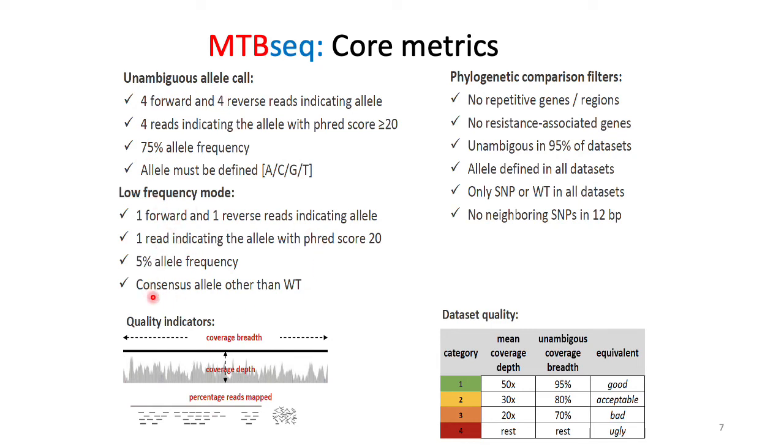In low-frequency detection mode, MTBseq will consider the majority allele other than wild-type per position. This mode should preferably be used for detection of resistance-associated variants, especially if resistant subpopulations are suspected.